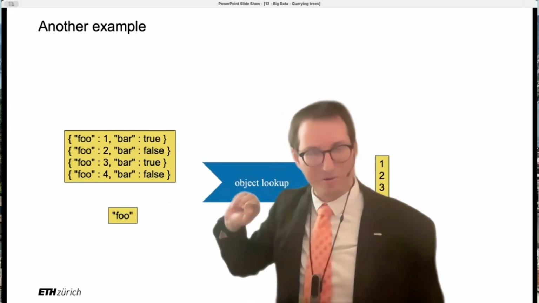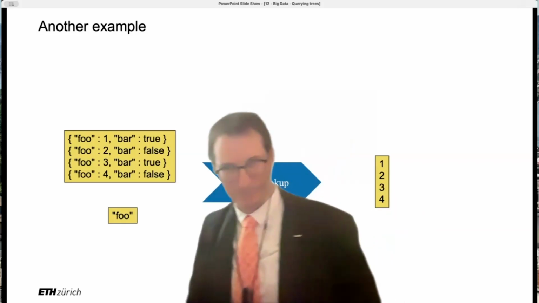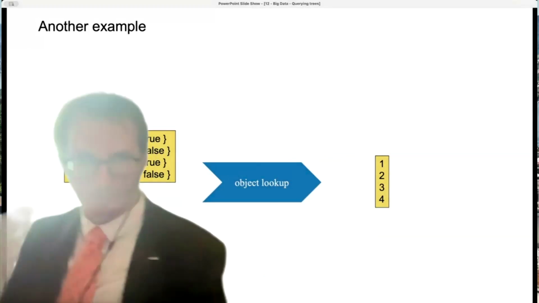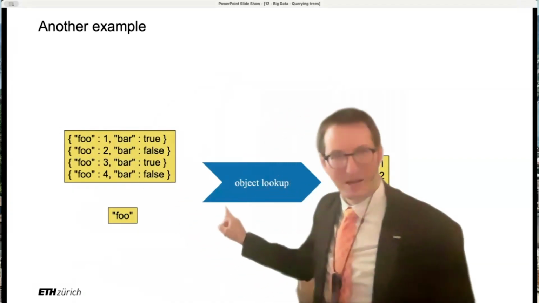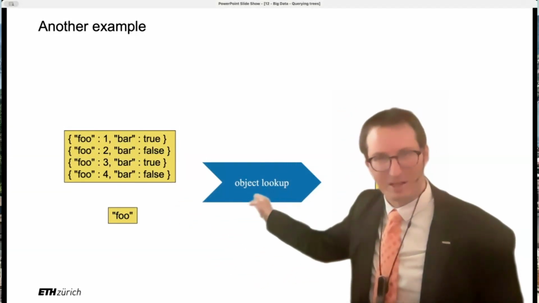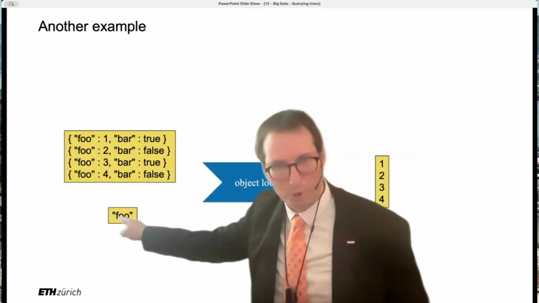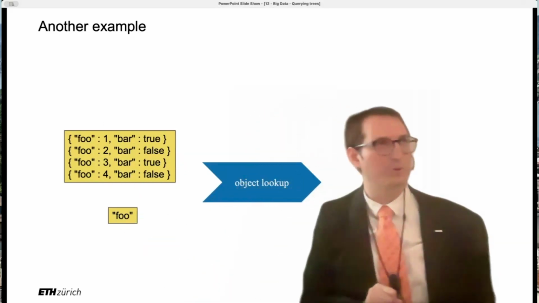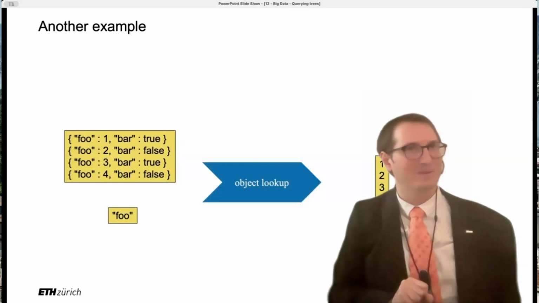So you have this sequence of 4 objects, this sequence of 1 string. And out of that, you get the sequence of 4 integers, 1, 2, 3, 4, because they come from here. And again, that's because the semantics of that expression say you're supposed to find out the key with this name right here and extract the values in there. Who is with me? Right?